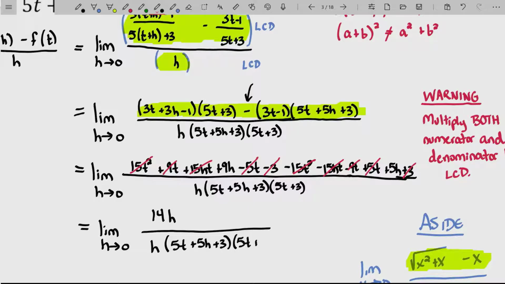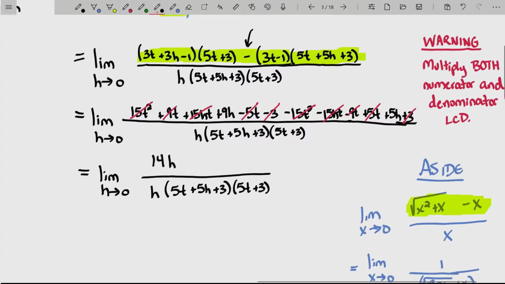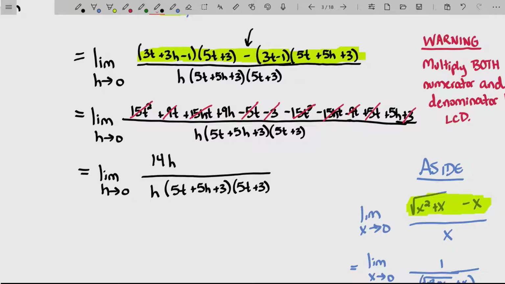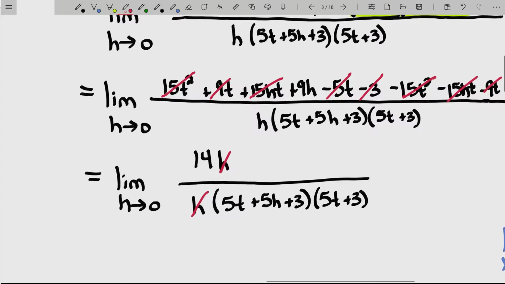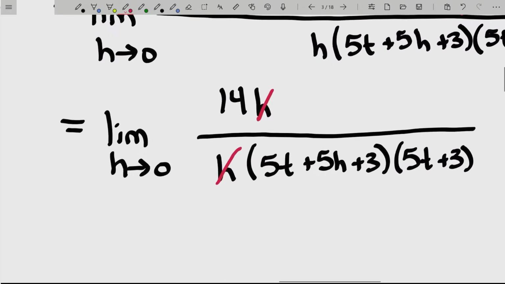Again, not distributing out that denominator ends up being incredibly helpful because we could see these cancel cleanly. And at that point, once those cancel, ask yourself if you can use direct substitution. We couldn't use direct substitution up to this point because we would have been dividing by 0. But now, if you allow h to go to 0, this piece right here will go to 0, but everything else remains.